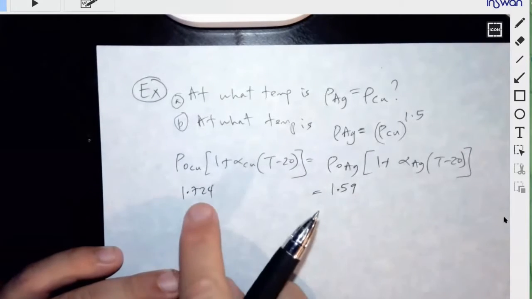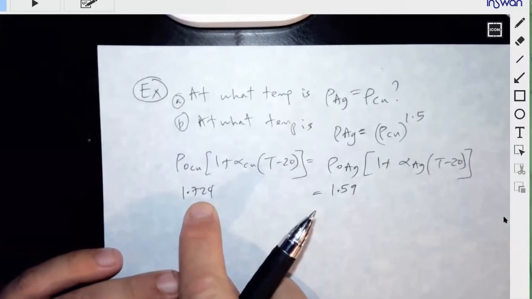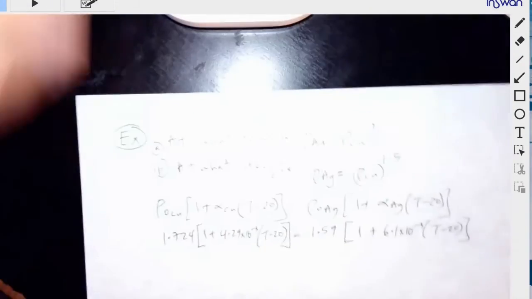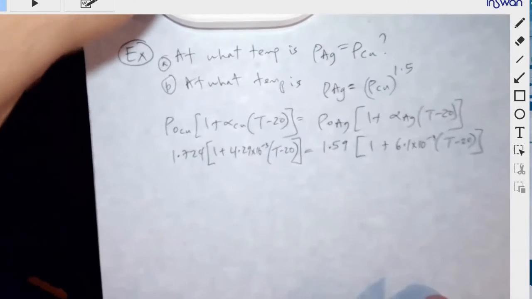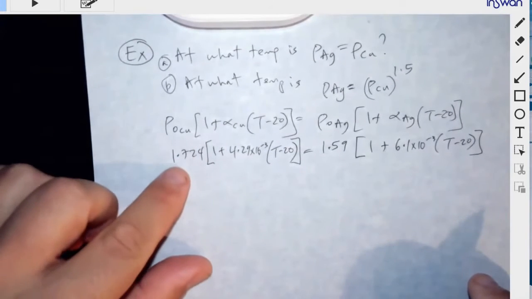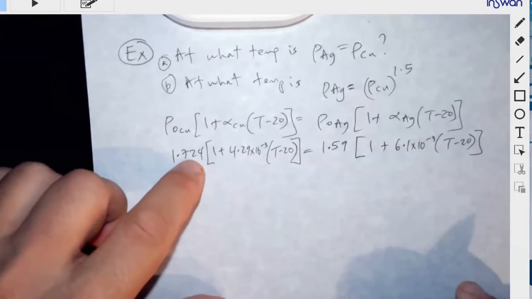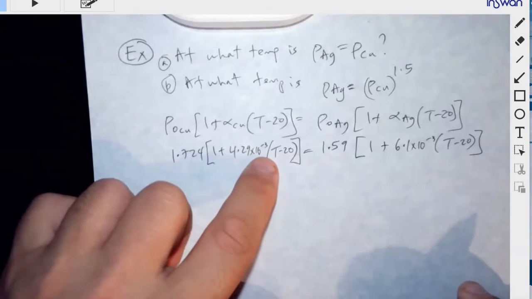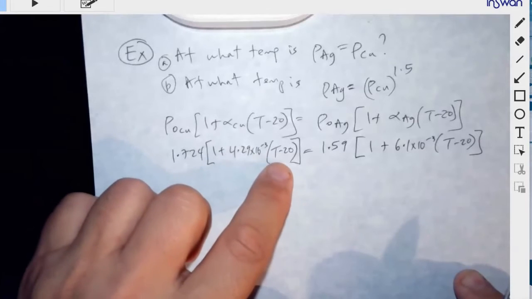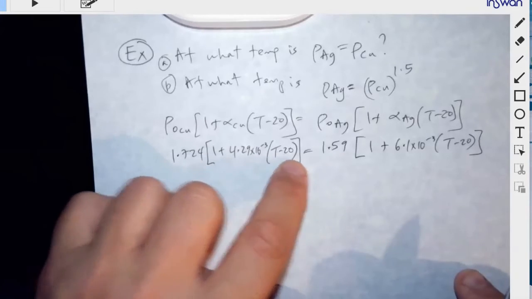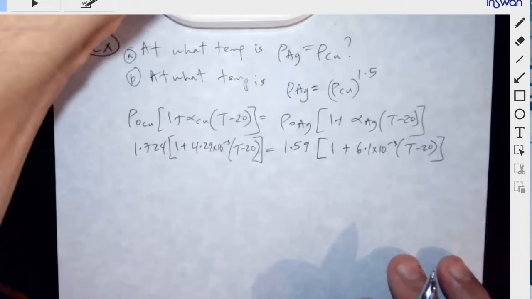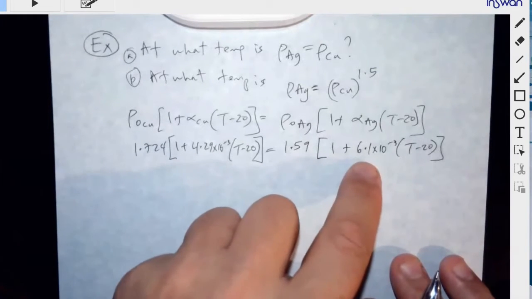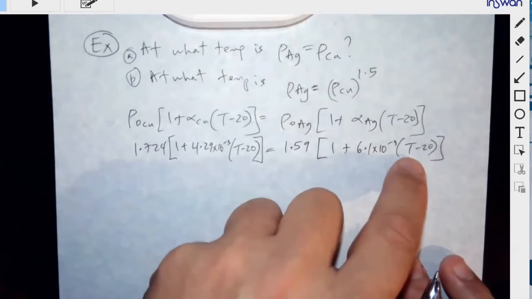So remember, copper was slightly more resistive. So rho 0 of copper, 1.724, times 1 plus 4.29 times 10 to the minus 3, T minus 20, equals 1.59 times 1 plus 6.1 times 10 to the minus 3, T minus 20.